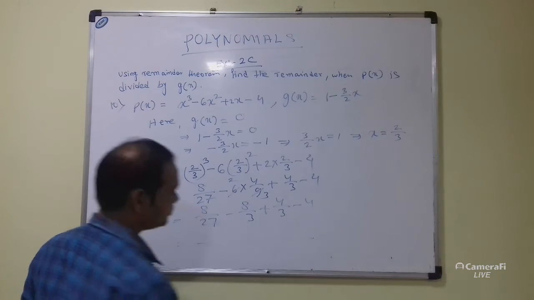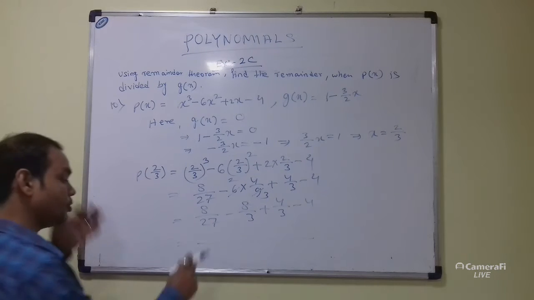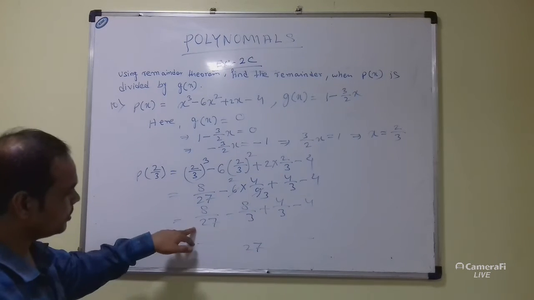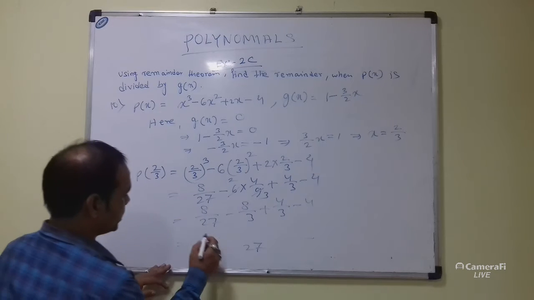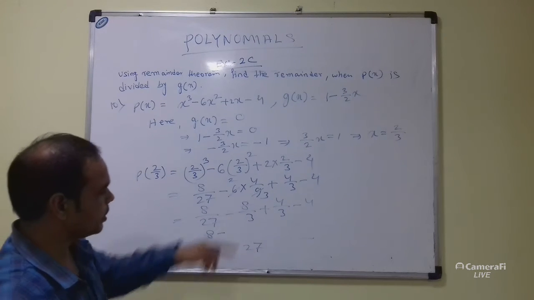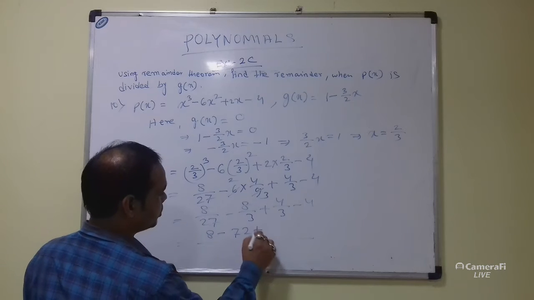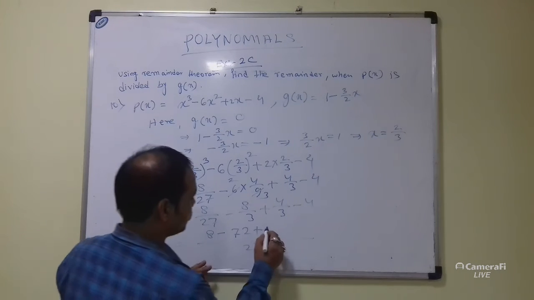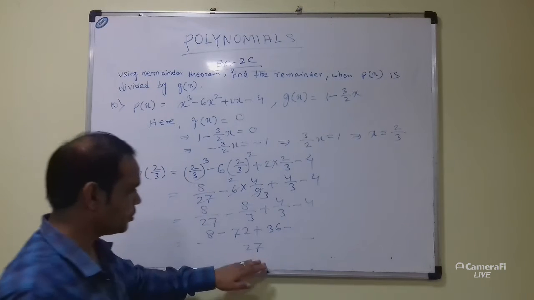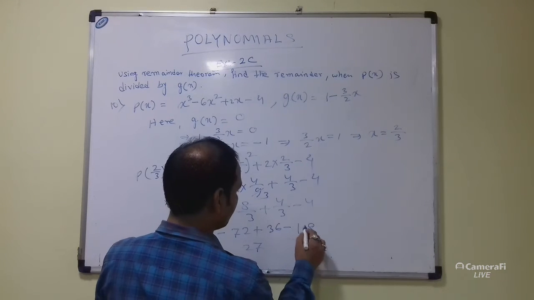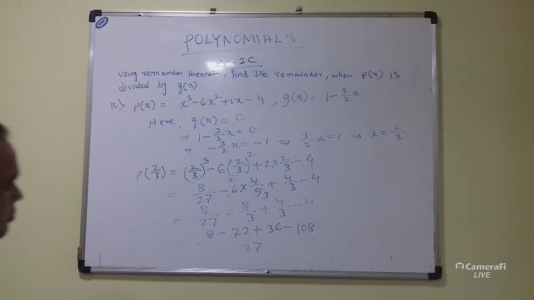Now find the LCM. The LCM of 27, 3 and 3 will be 27. 27 divided by 27 is 1 and 1 multiplied by 8 is 8, minus 27 divided by 3 is 9 and 9 multiplied by 8 is 72, plus 27 divided by 3 is 9, 9 multiplied by 4 is 36, and minus 27 multiplied by 4 is 108. Now calculate it.